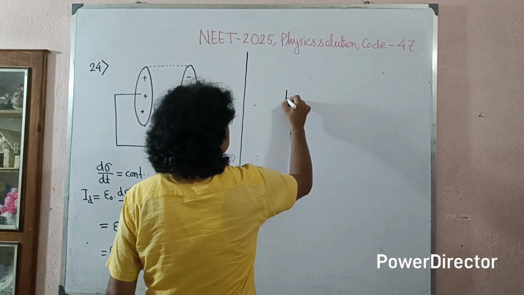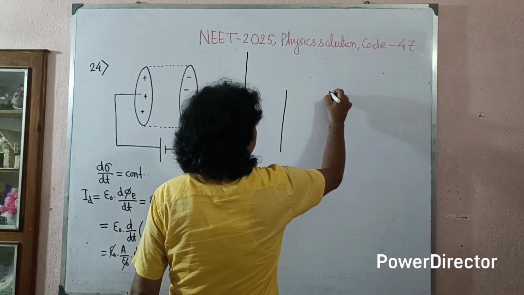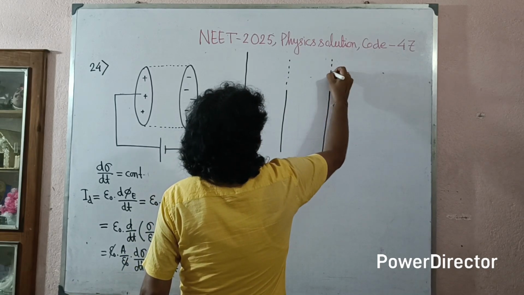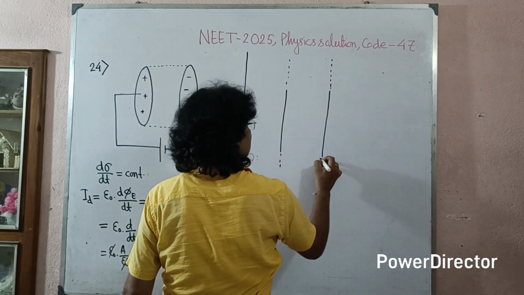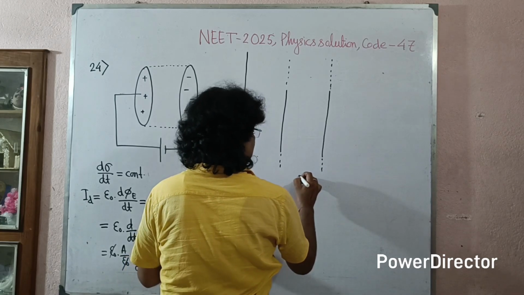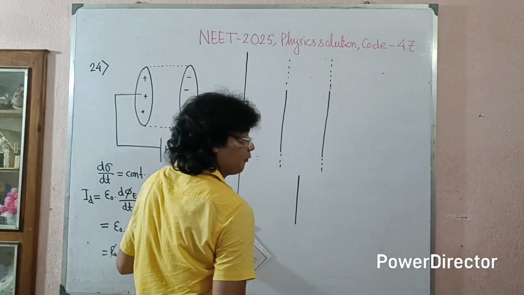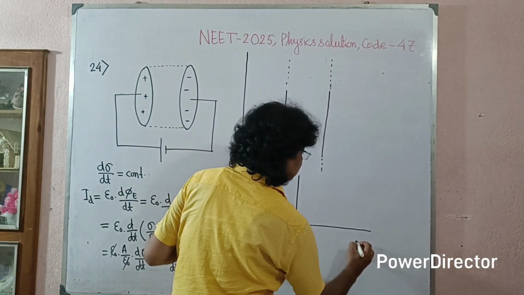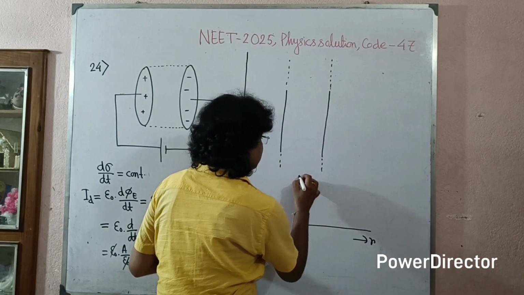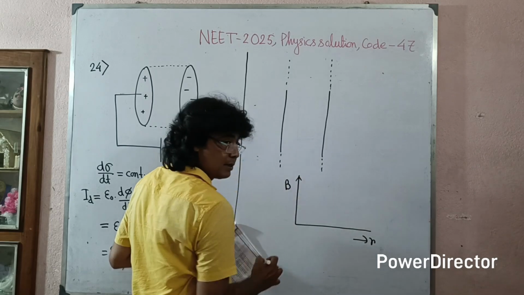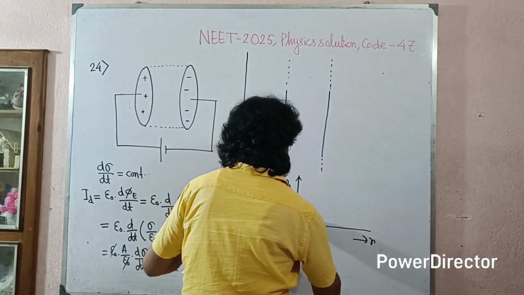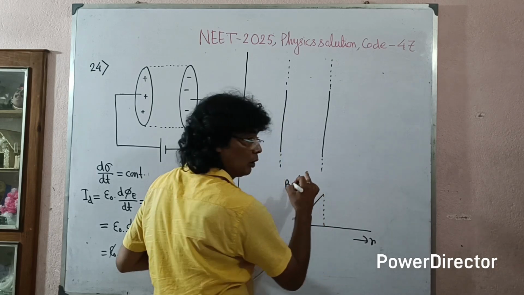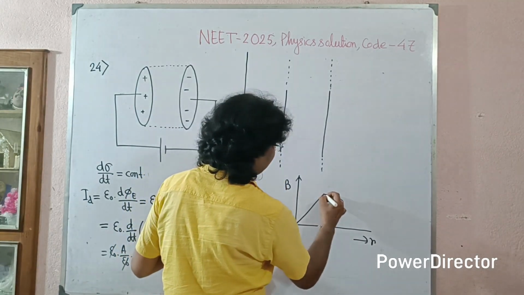Suppose this is a long constant current carrying conductor which creates a magnetic field. The variation of magnetic field from the axis of the wire is: it increases from axis to the boundary of the wire, then decreases.